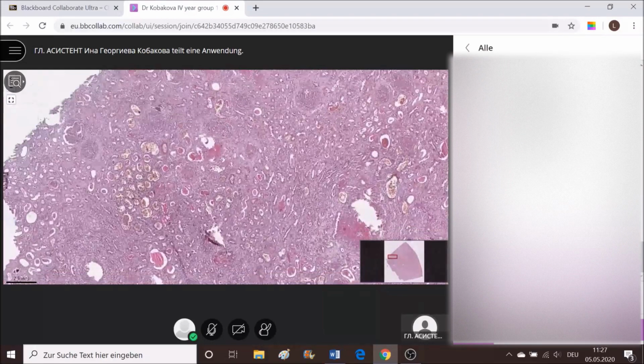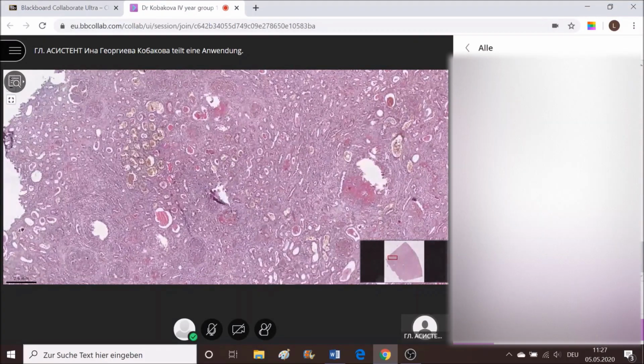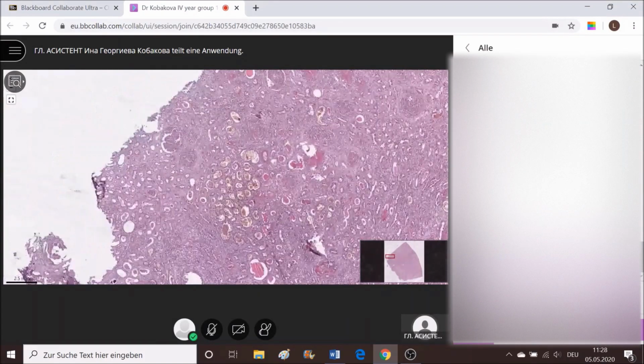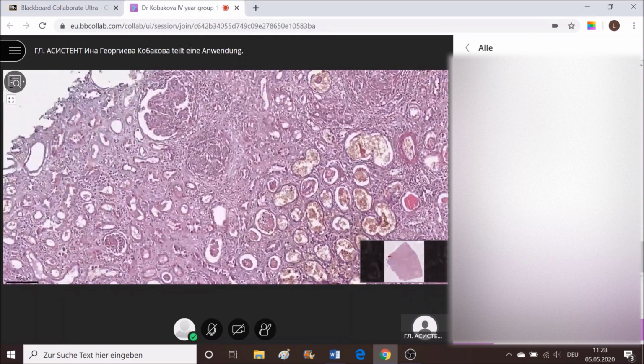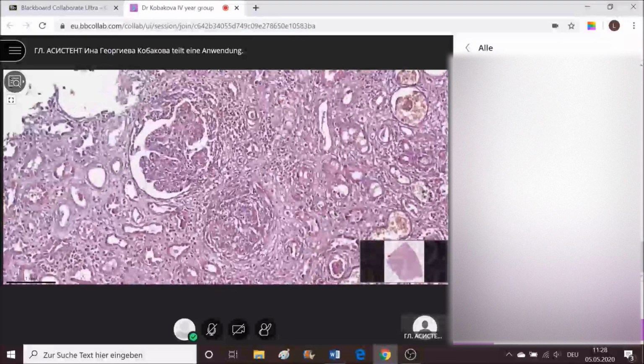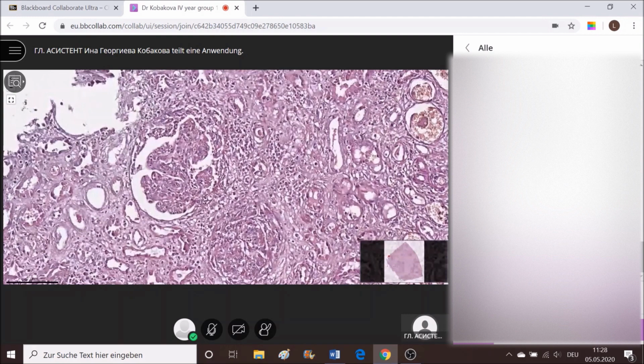So protein casts here are normal to be observed. Take a look at this glomerulus here. Does it appear damaged?